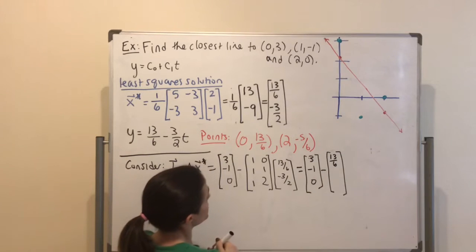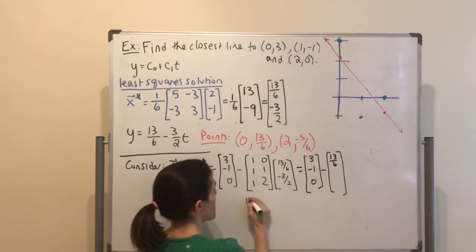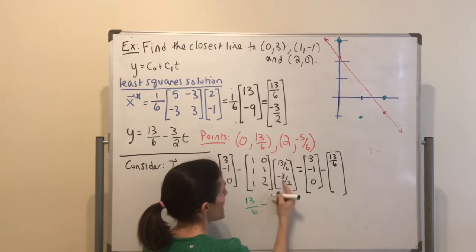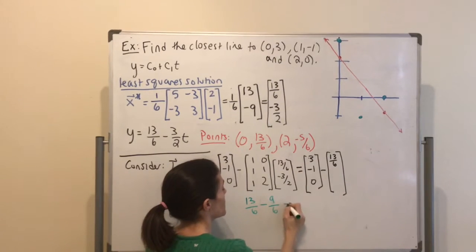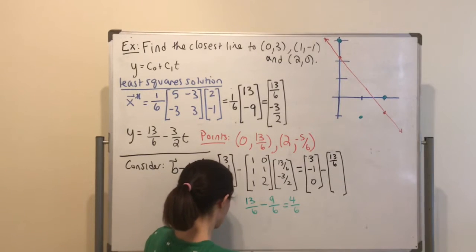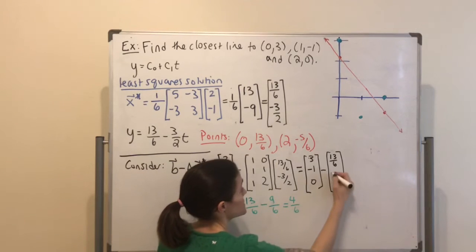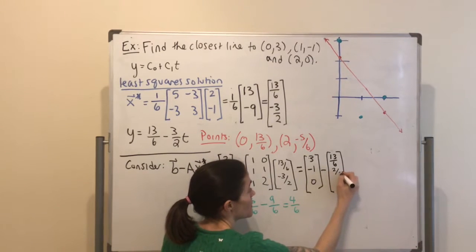Now the second one is 13 over 6 minus 3/2, which is going to give us 4 over 6, so this is going to be 2 over 3.